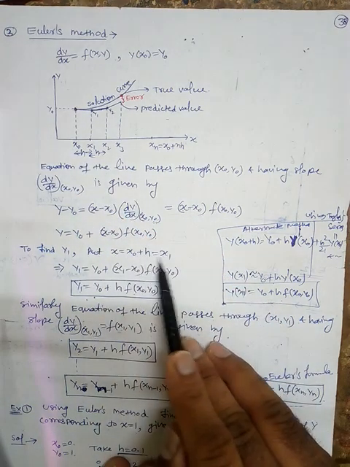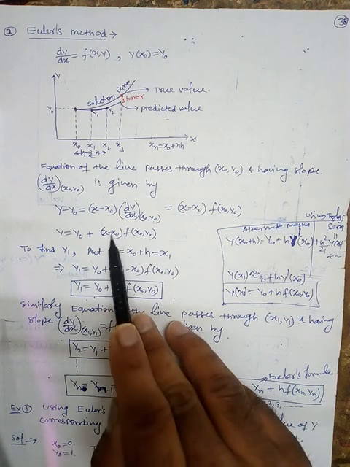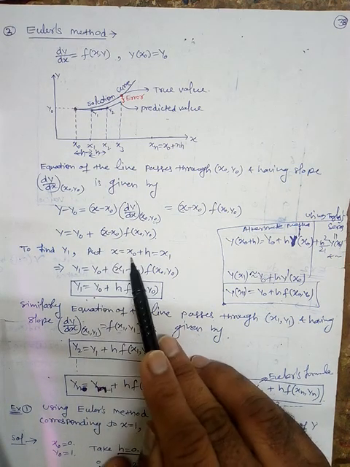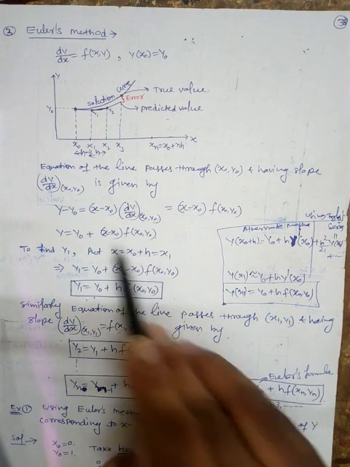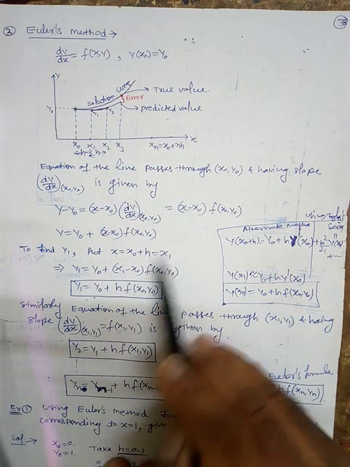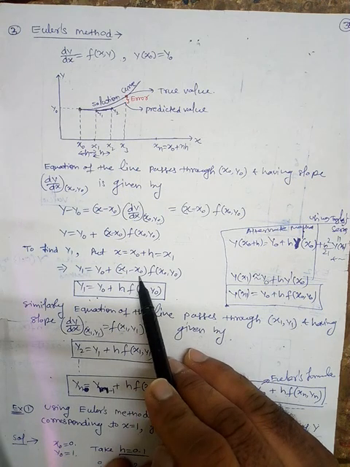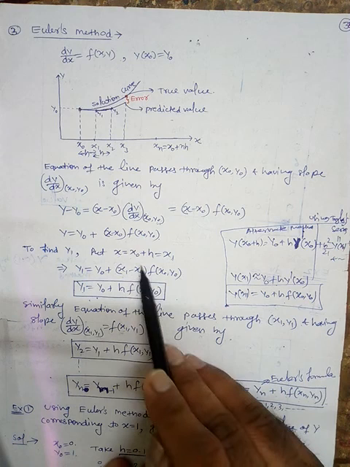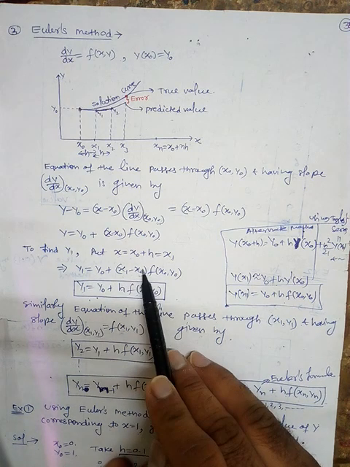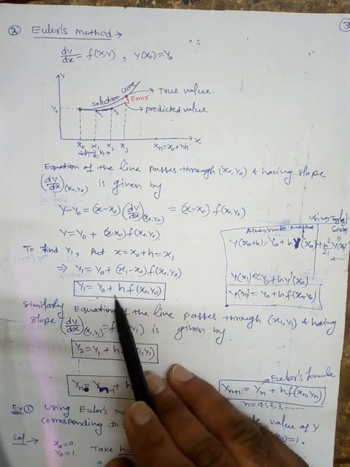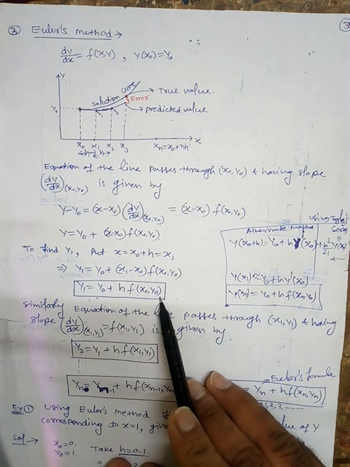So y1 is equal to y naught plus, with x being x1, x1 minus x naught times f of x naught, y naught. But x1 minus x naught is h. So y1 is equal to y naught plus h f of x naught, y naught. Fine.